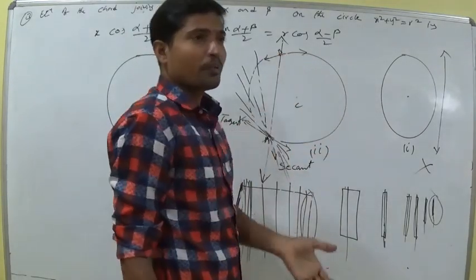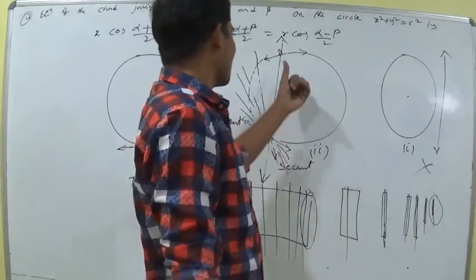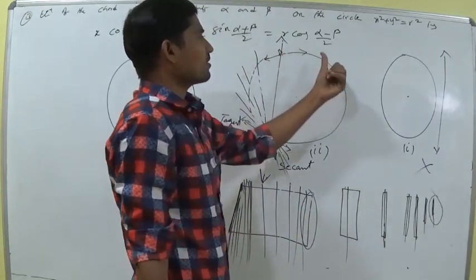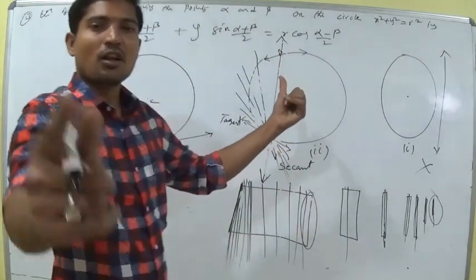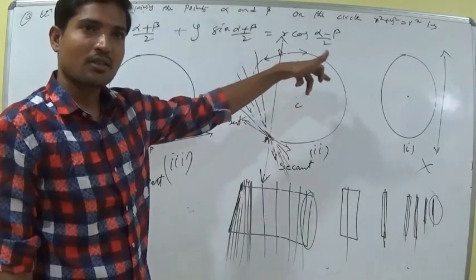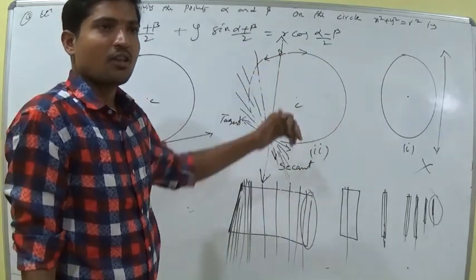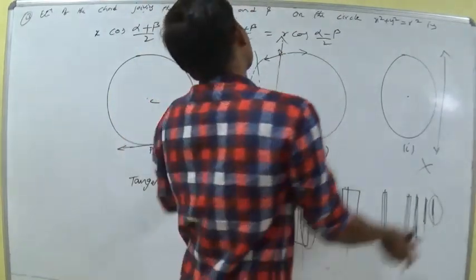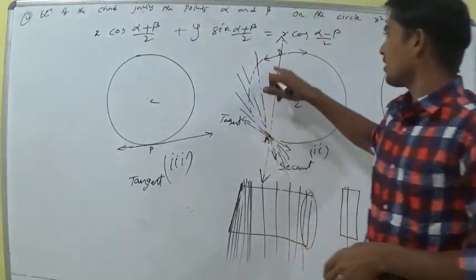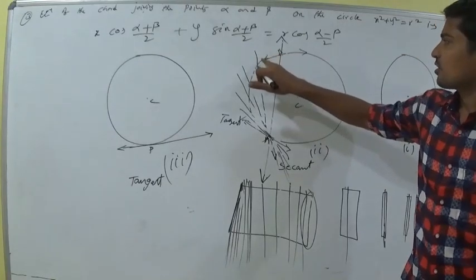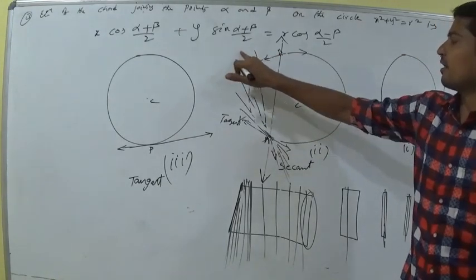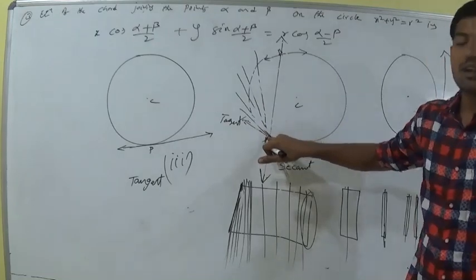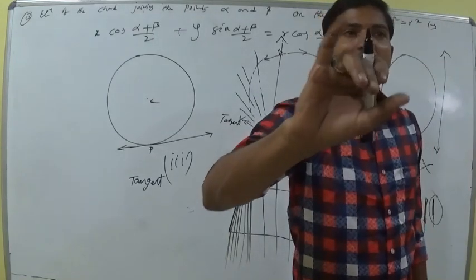The point B can move in either direction, clockwise or anti-clockwise. I am moving the point B in the anti-clockwise direction, then finally it coincides with A, then it becomes a tangent.